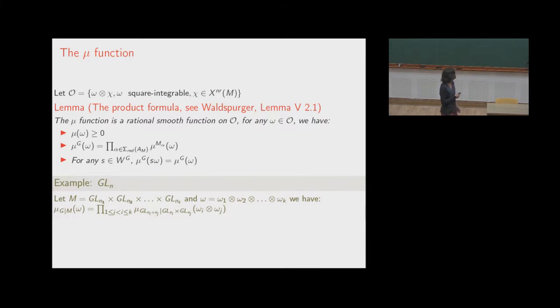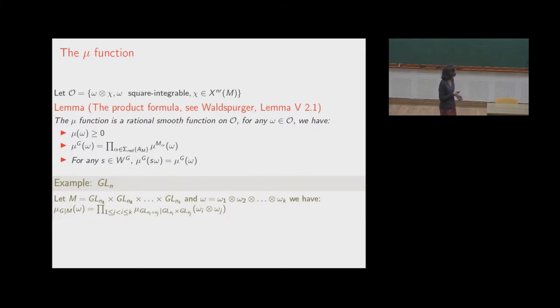And what is important is this second line, which is a factorization of the mu function. So you can factorize with each of these roots. Those roots are the roots of the root system. Let's say sigma is the root system of the group G. You can look at the reduction of these roots to a maximal split torus in the center of M, which is this AM. So you have fixed M, you have a maximal split torus in the center of M, which is AM, and you can restrict all the roots in G to this split torus.